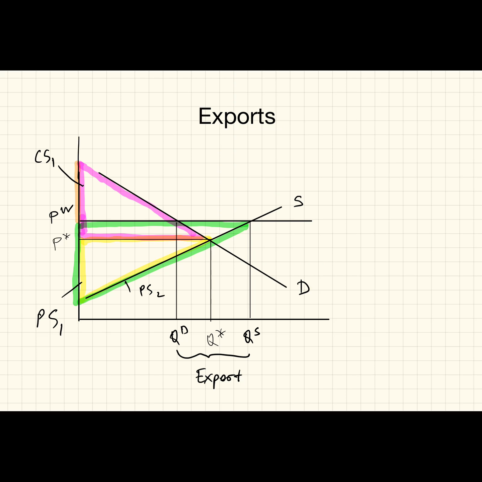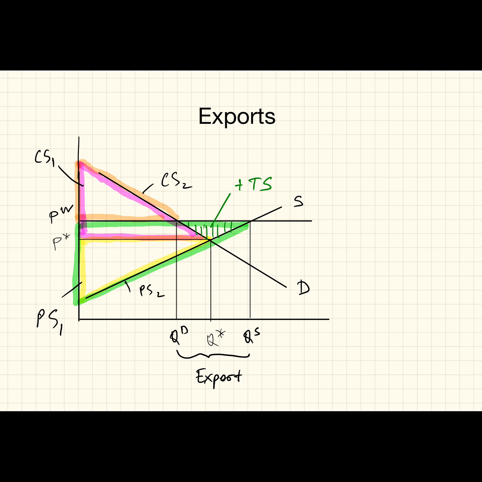So the surplus shrinks to this area, and this is consumer surplus 2. But the nice thing about the situation is that the overall surplus increases. You can notice that we have this additional area as a triangle that shows an increase in overall surplus. Of course, that's the increase that producers gain. So consumers still lose. But again, the important thing is that overall we have an increase in total surplus.